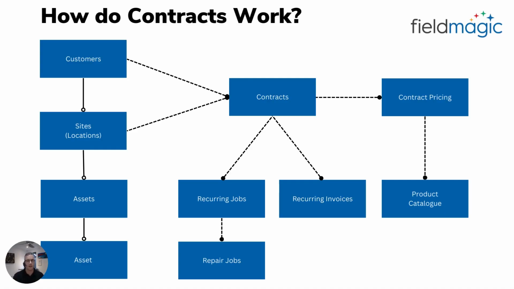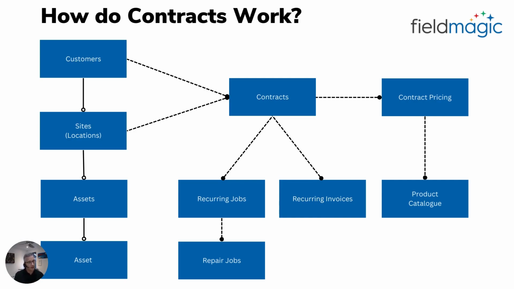We also have the ability to define contract pricing within the system. That is, let's say you have negotiated specific pricing for a particular customer. You can set that pricing for that labor rate or particular product in that contract pricing. Now, this is in addition to our existing process, which supports price books.